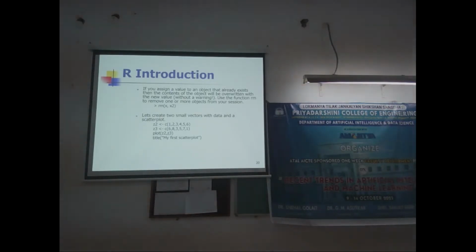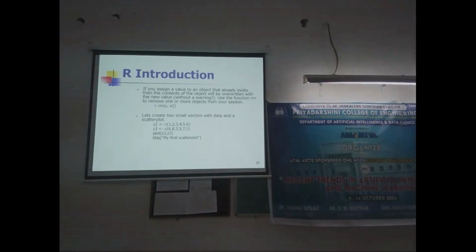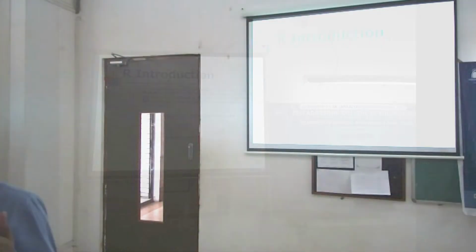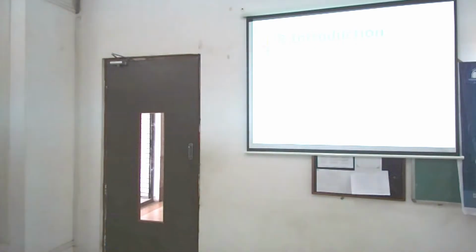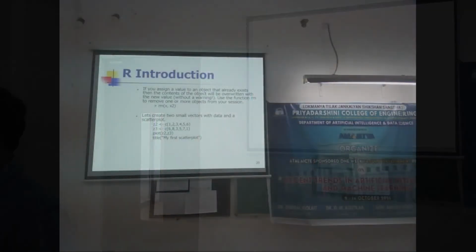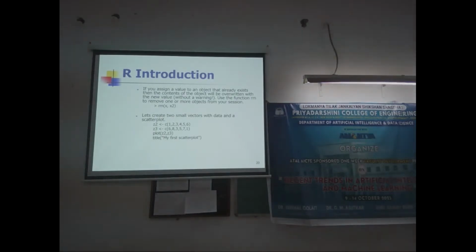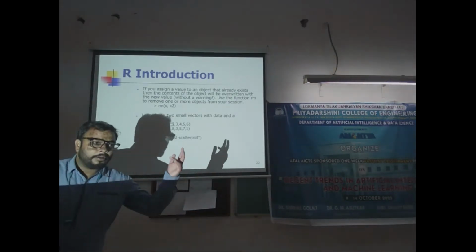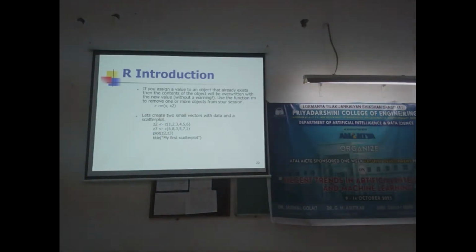So now, in case you have a certain object or variable available, and it is holding a certain value, and you want to assign a new value to that, it's not always necessary, it will override that. But what can happen is you don't want that variable to be in memory.